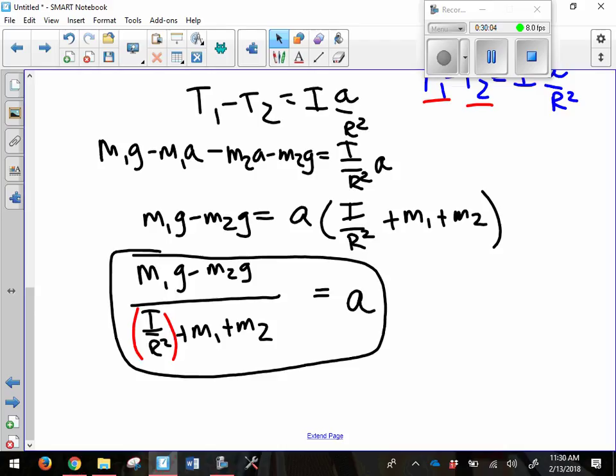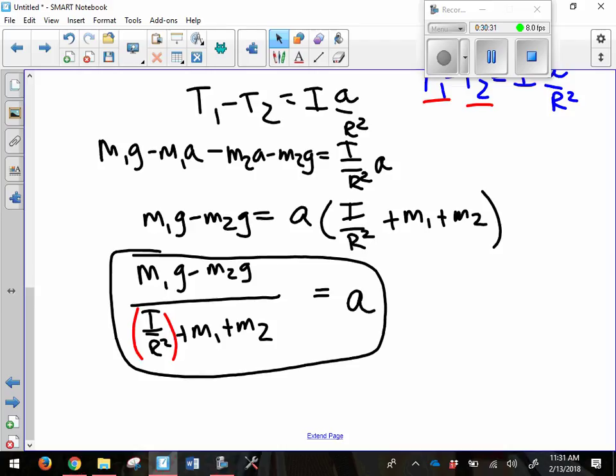So if what you did in your experiment, because remember when we did the lab, you calculated what the acceleration should be for each combination of M1 and M2. If you did that, then what you calculated should have been consistently bigger than what you measured because your pulley really did have a rotational inertia.